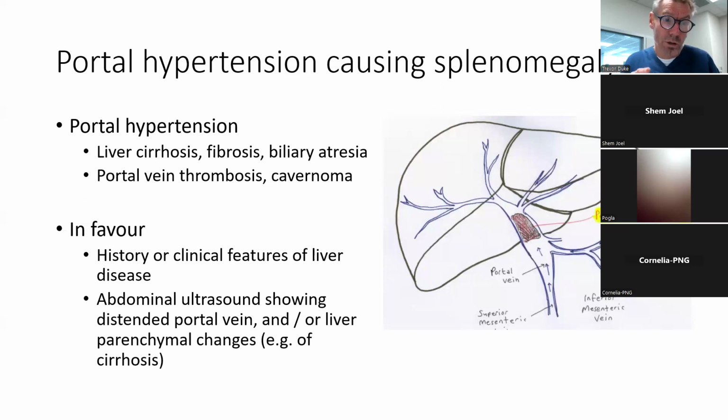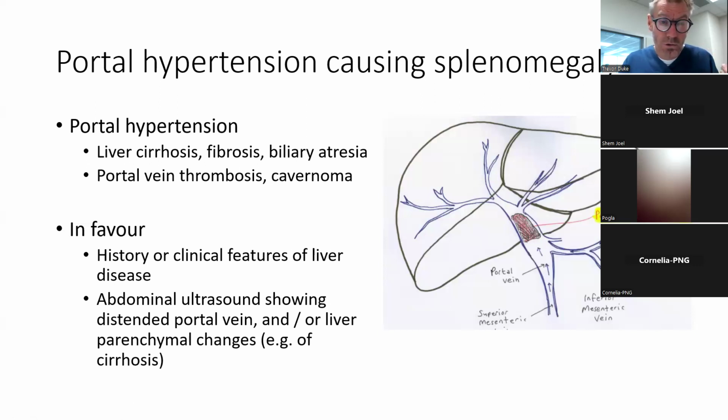But it can also occur, of course, if you've got, for example, fibrosis of the liver. If you've got fibrosis of the liver, then there'll be increased resistance within the liver, and therefore that will flow on to increased resistance in the inflowing blood vessels that come to the liver, usually the portal vein, and that will lead to portal hypertension.